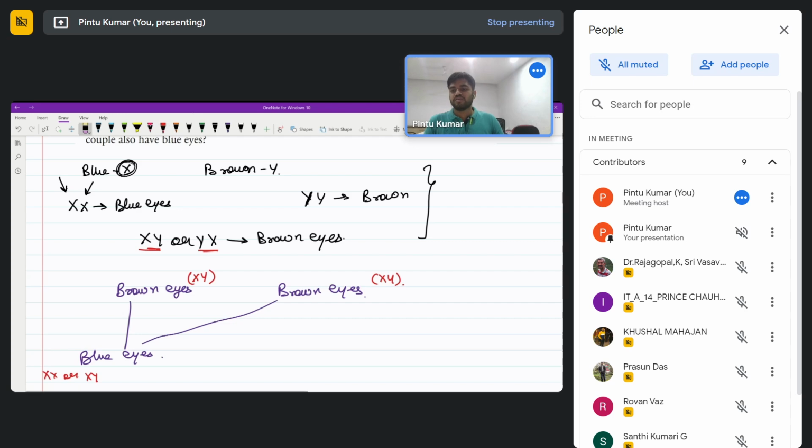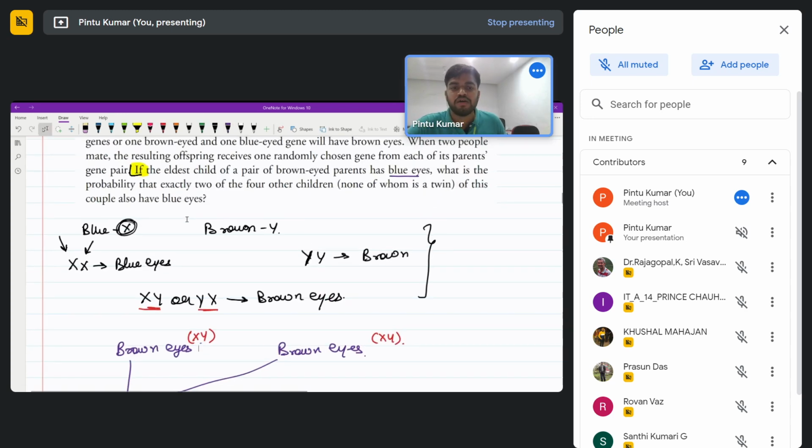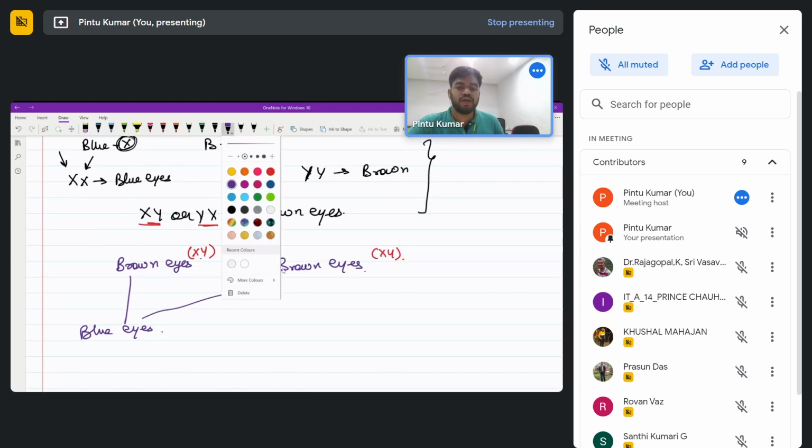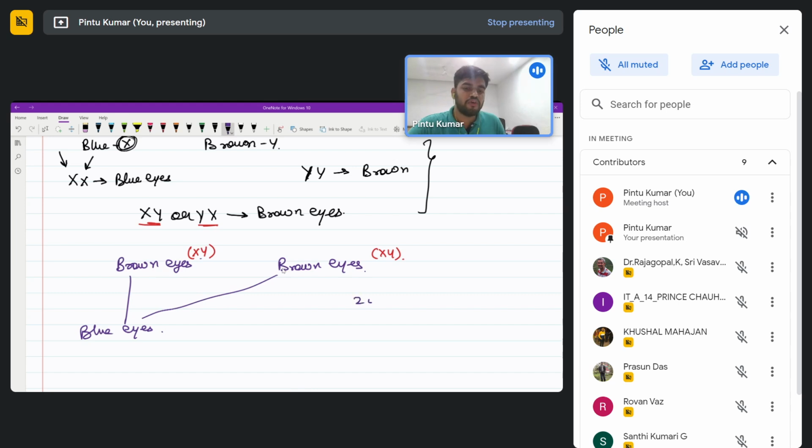So the information that the child has blue eyes means both the parents have an XY pair of genes for eyes. Now the question is, what is the probability that exactly 2 of 4 children will have blue eyes?